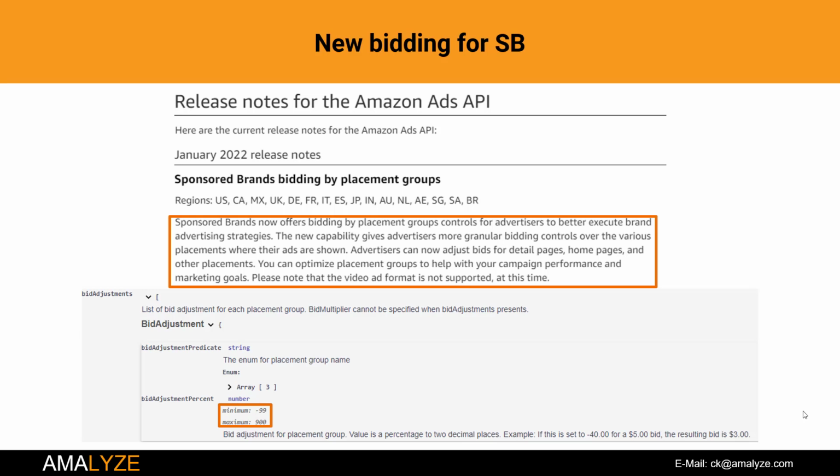What will be possible? The bid adjustment percentage has a minimum, so you can set your bids down to minus 99%, or up to 900%. That is really crazy, but that is the possible scenario, and we will see a nice rollout within a few days, hopefully.